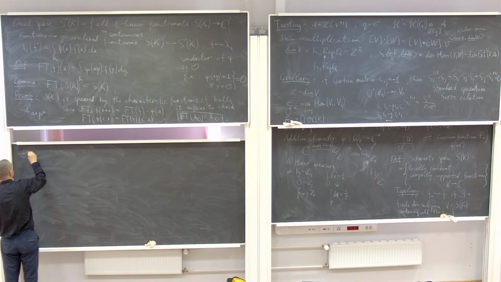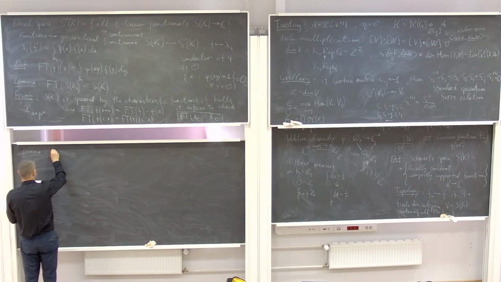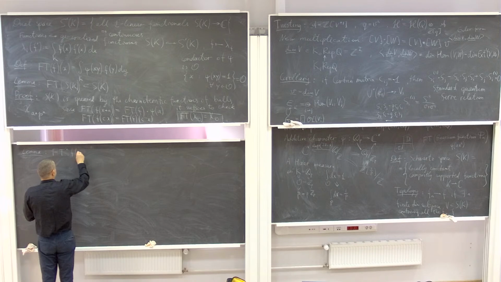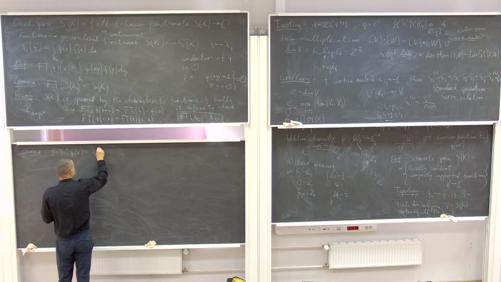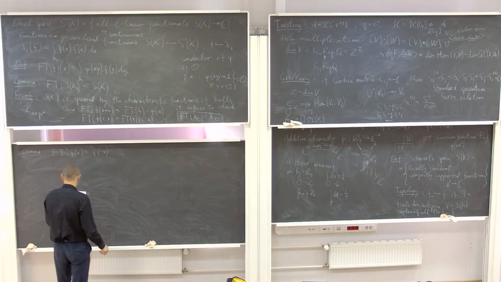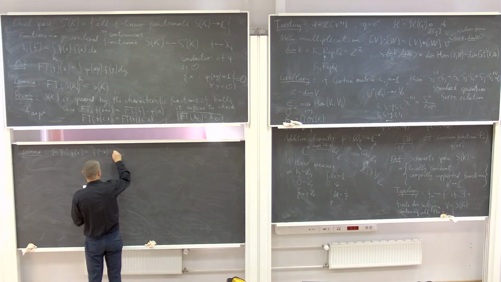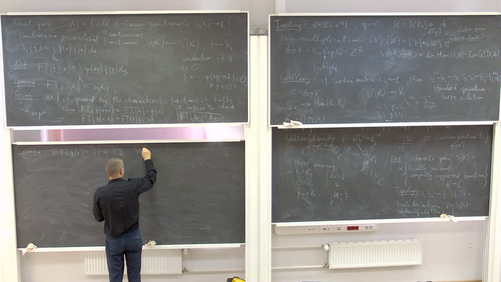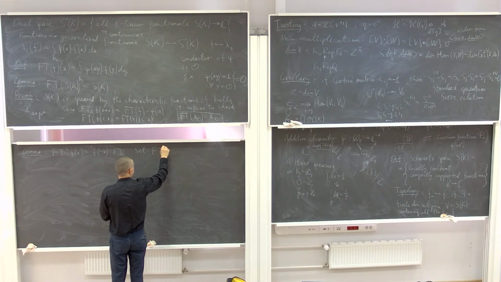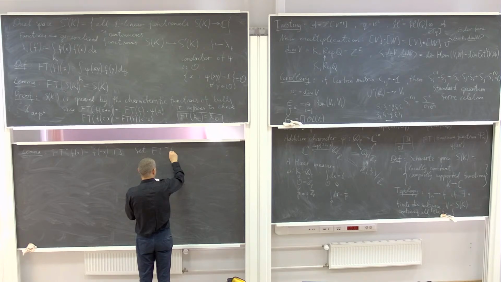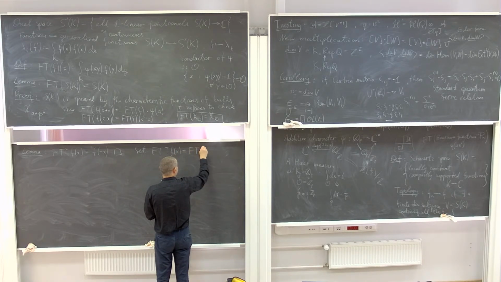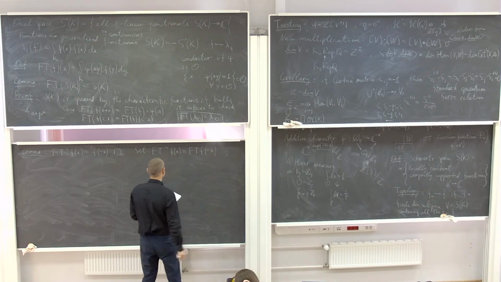Well, maybe another lemma that is as obvious. If you take the Fourier transform squared, you get just inversion. And then we set the Fourier transform minus f of x to be the Fourier transform of f of negative x.